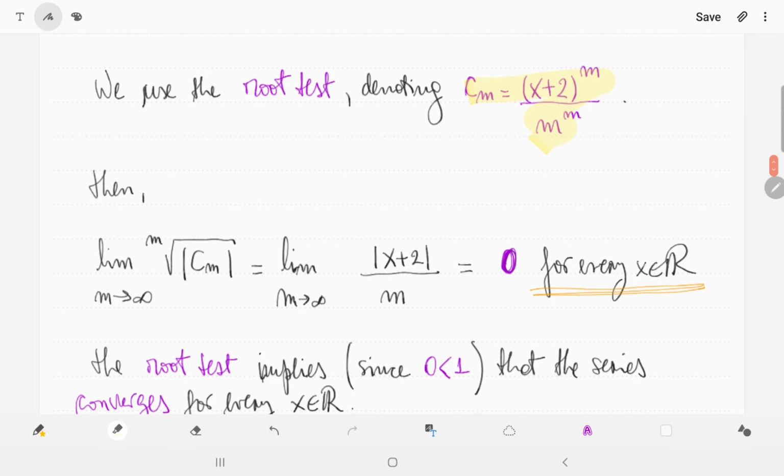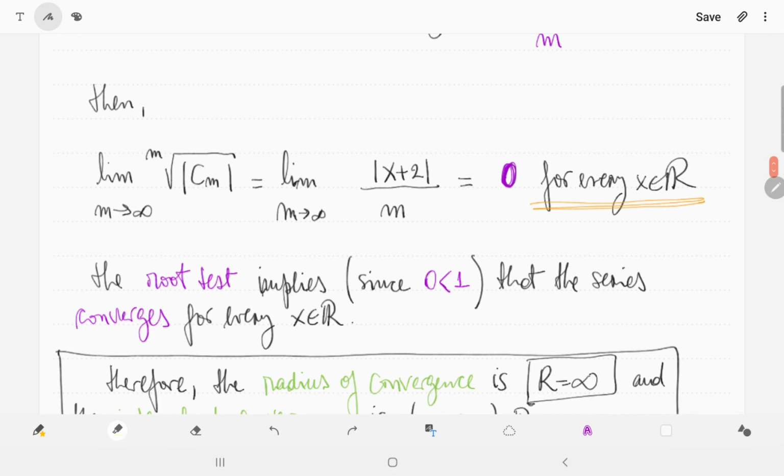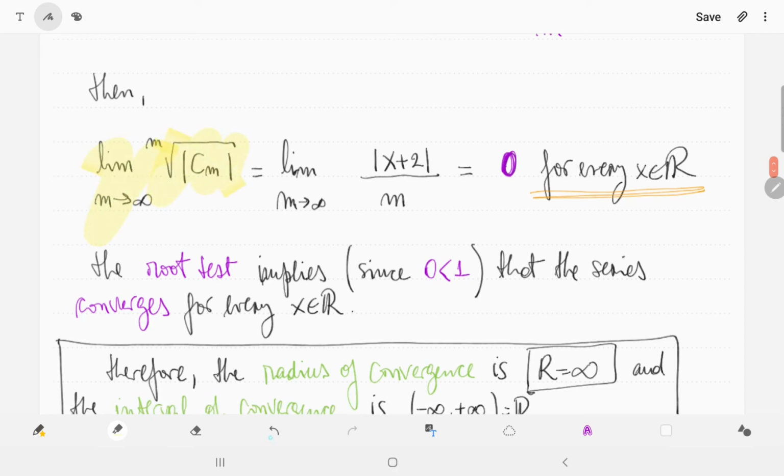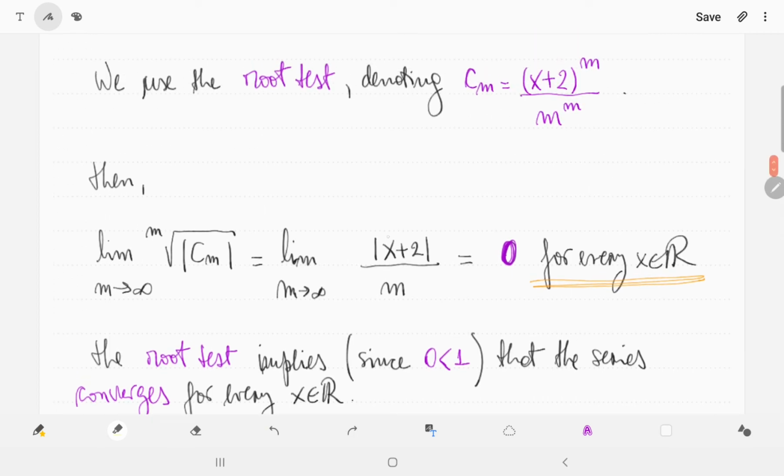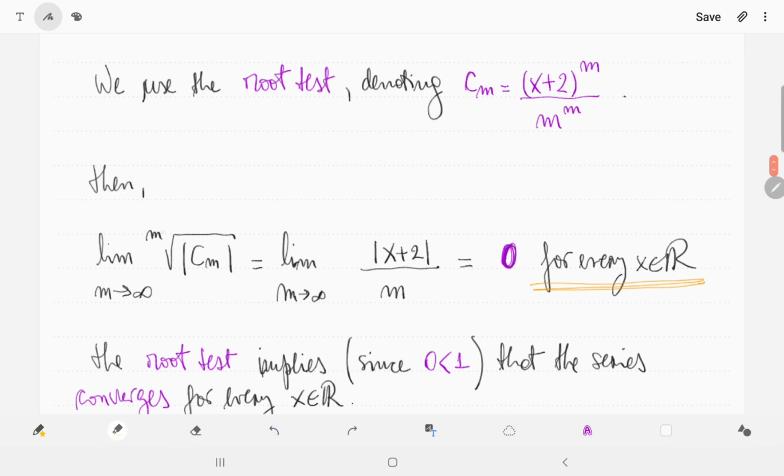And then by the root test, we have to calculate this limit, which is the same as this, because this power is killed by this root here.